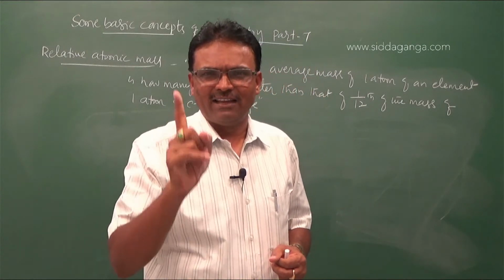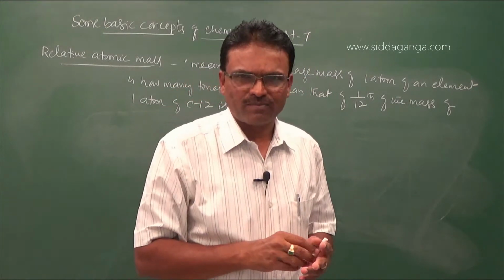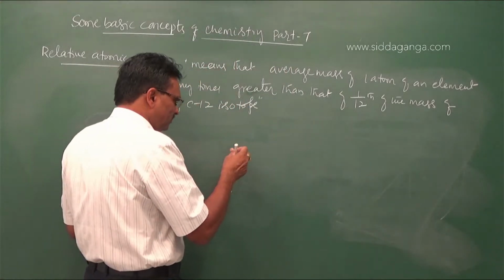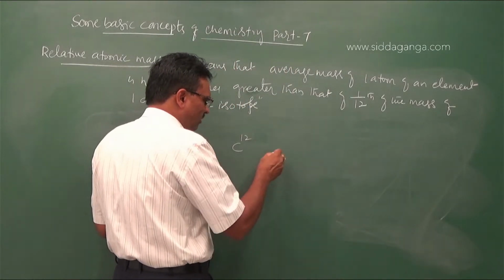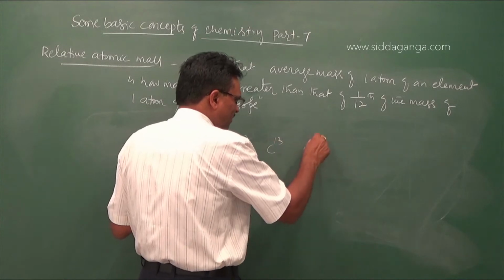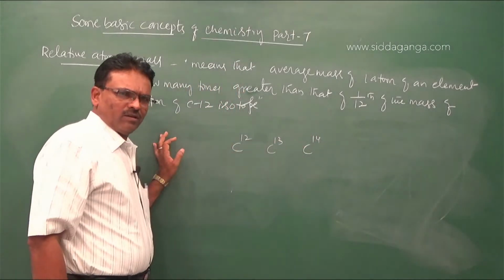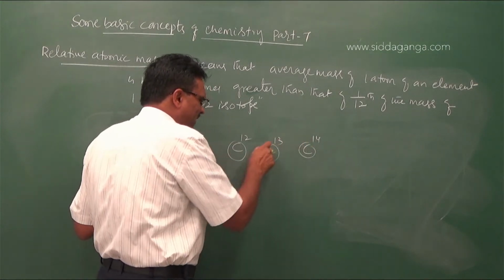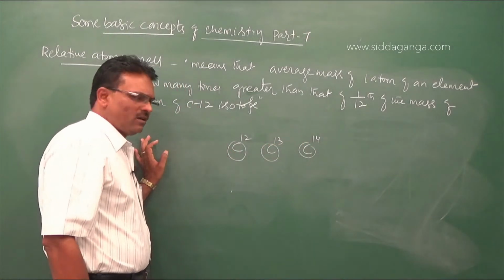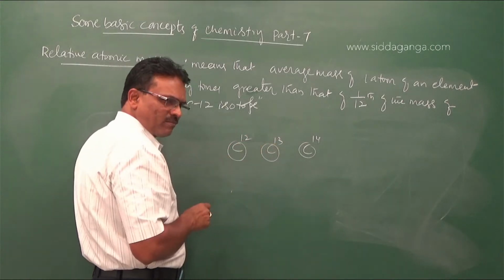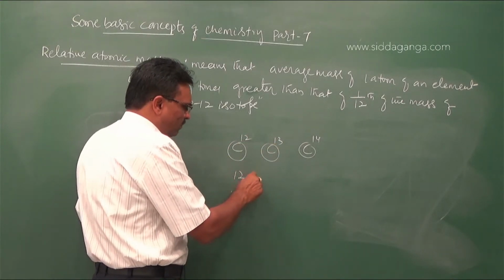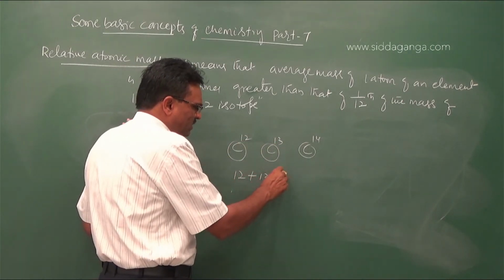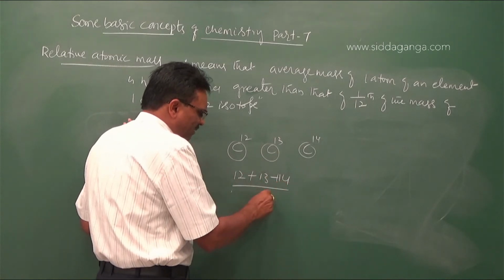Elements exist in different isotopic forms. So look here, carbon exists as 12, 13, 14. So what is the average mass of one atom of carbon? Average mass: this is the atomic mass. So atomic mass is 12 plus 13 plus 14 divided by 3.